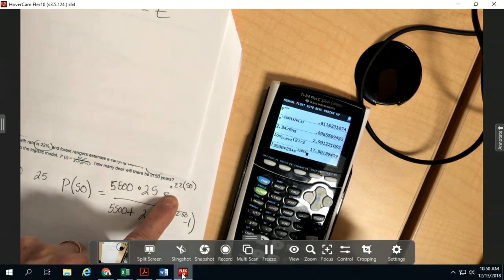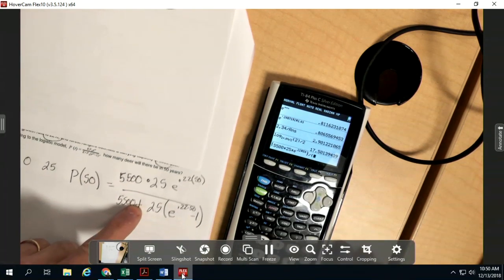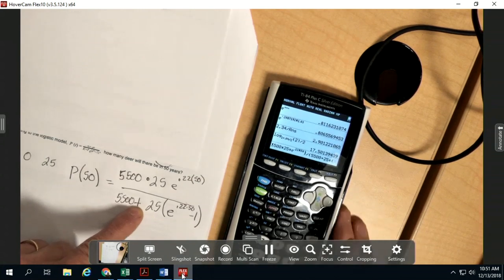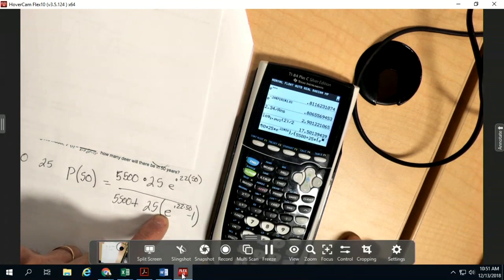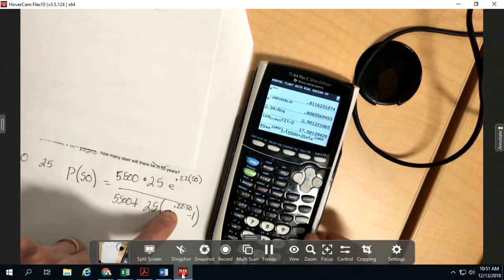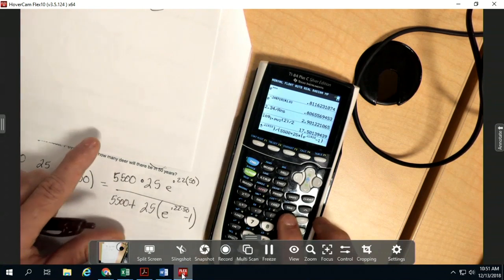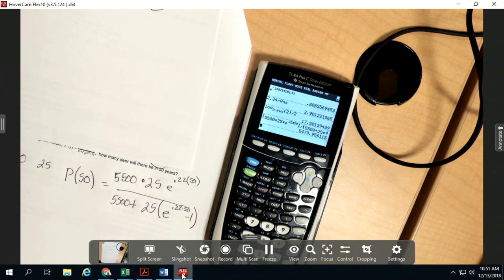And then I'm going to close the numerator's parentheses, divided by the denominator's parentheses, 5,500 plus 25 times, I have to open another set of parentheses, second function, e to the 0.22 times 50, go over 1, subtract 1, close the parentheses of the e, close the other parentheses for the denominator, and I get 5,480 deer.